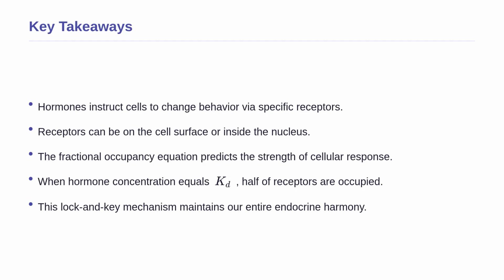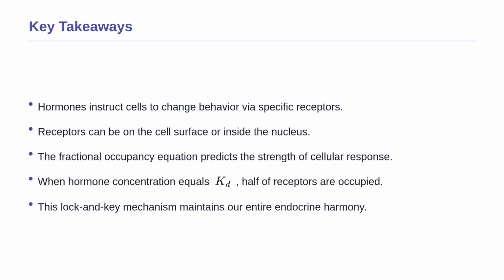To summarize our lecture, molecular hormone action is the fundamental process by which chemical messengers instruct cells to change their behavior. We learned that hormones rely on specific receptors, either on the cell surface or inside the nucleus, to translate their presence into a biological response.